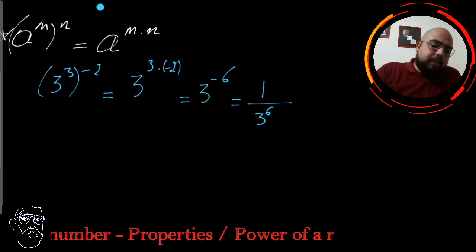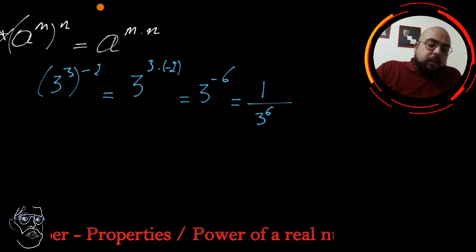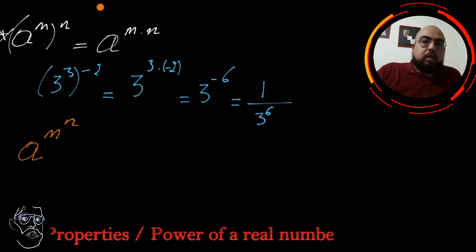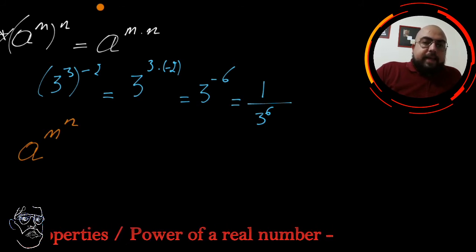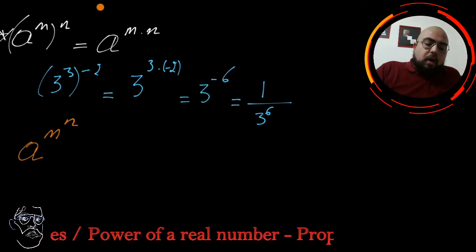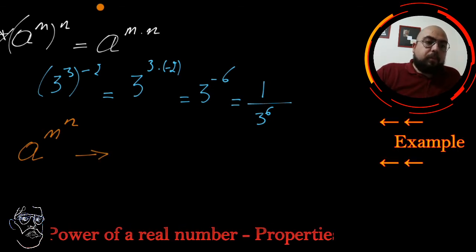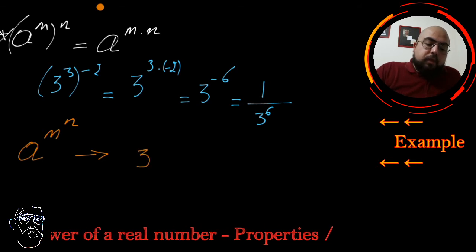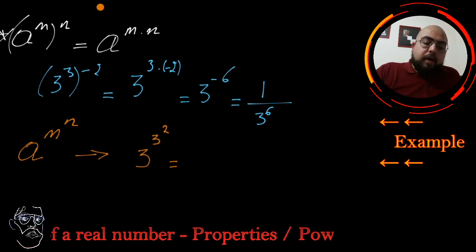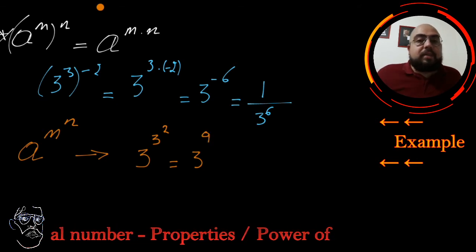Now I can add a simple remark here. In case you had a to the power of m to the power of n, a case like this, you have to take m to the power of n first. I'm going to take an example related to this one. Let's say we had 3 to the power of 3 to the power of 2. It means that you have to take 3 to the power of 9 and not 6.